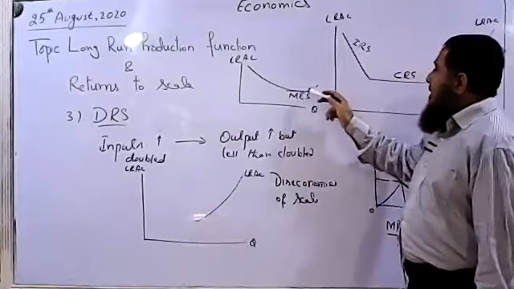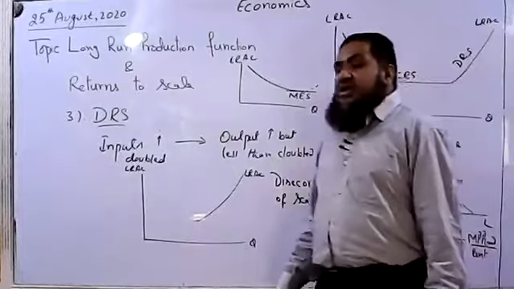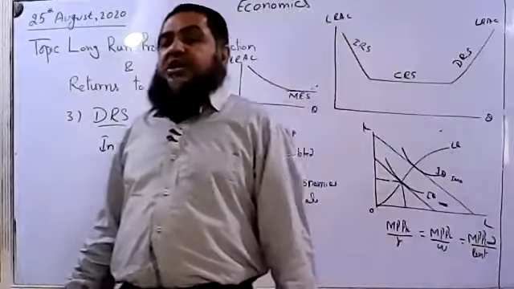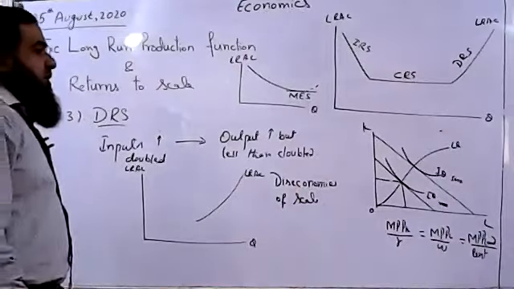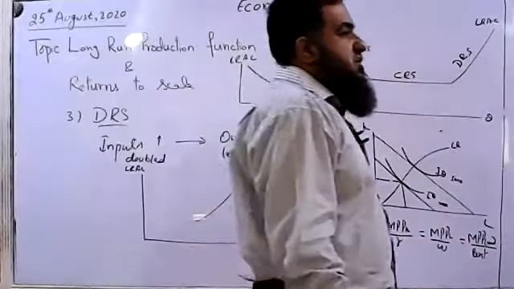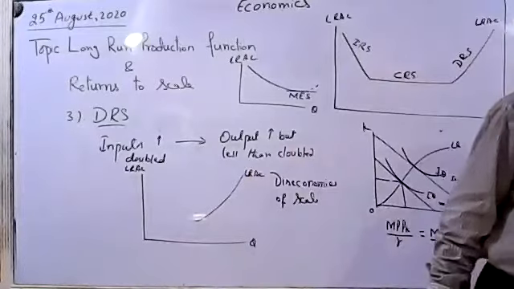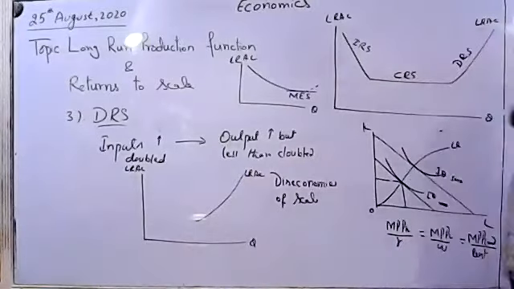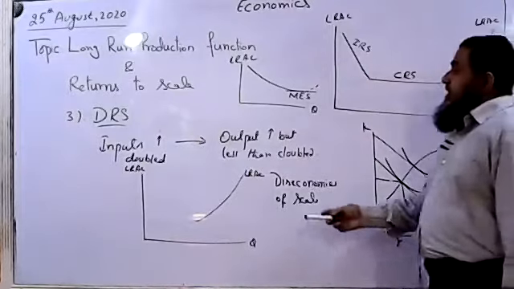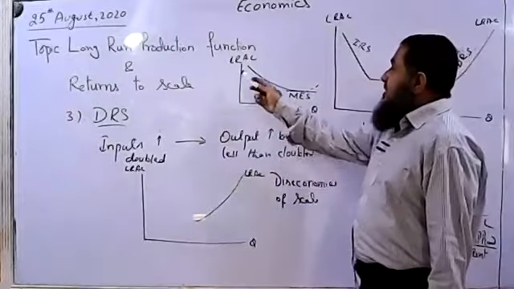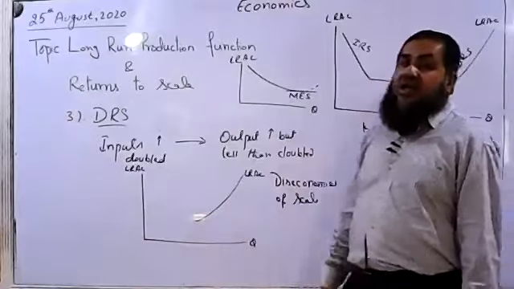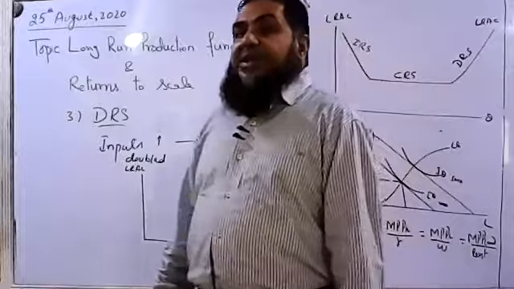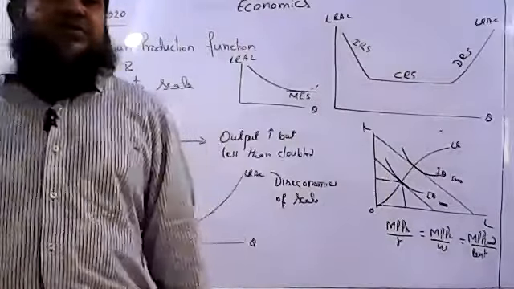After this point, long run average costs start rising again due to managerial diseconomies of scale, because larger firms are difficult to be managed by the same management procedures or business hierarchy. So we say the firms, initially when they are changing their inputs, are enjoying economies of scale, then they reach the minimum point, and after that they can face an increase in their long run average cost of production.